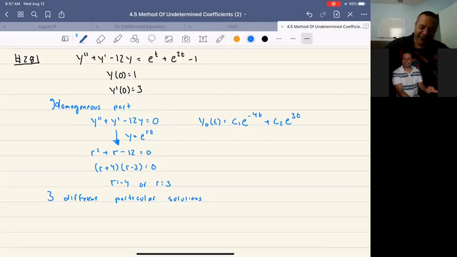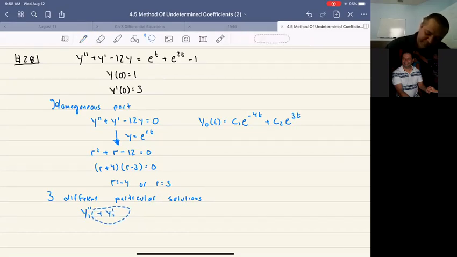So let's say that y1 gives us y1 double prime plus y1 prime minus 12y1 equals e to the t.